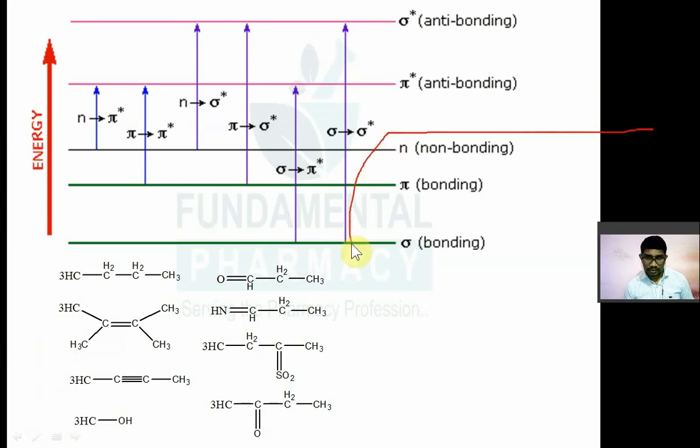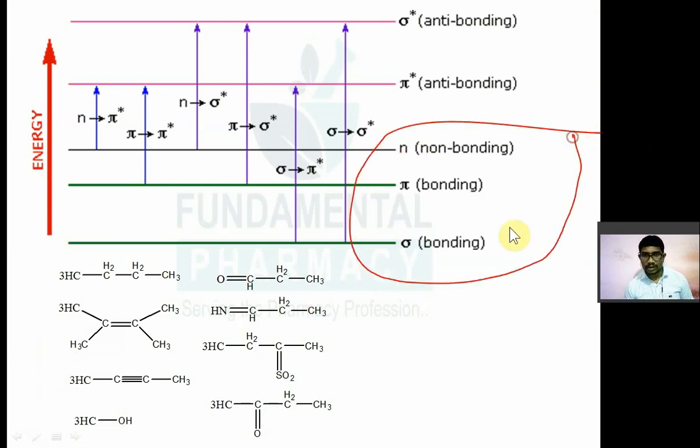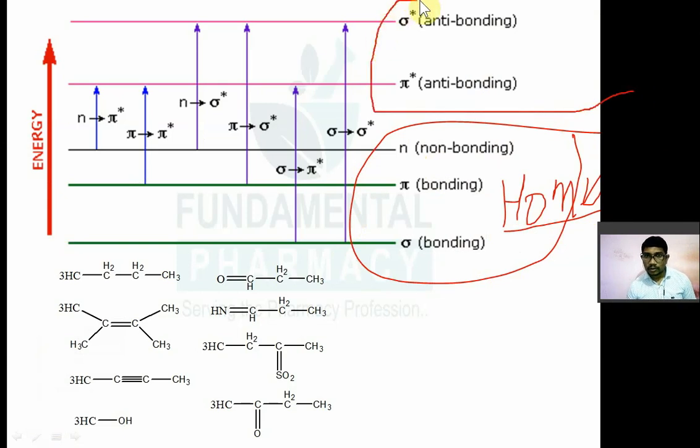Now these are at a lower energy state, and that's why they are known as the highest occupied molecular orbital, HOMO. After excitation they convert into a higher energy state level. At this time in the molecule they are at the lowest energy state level, known as HOMO.